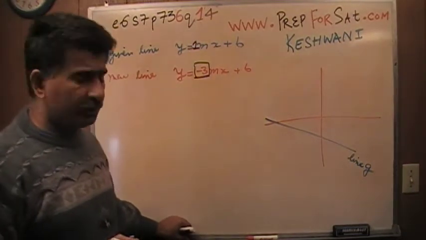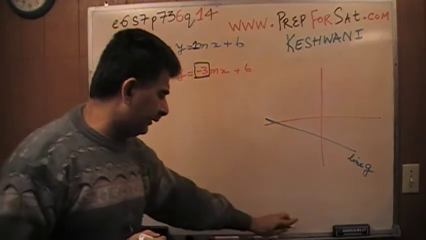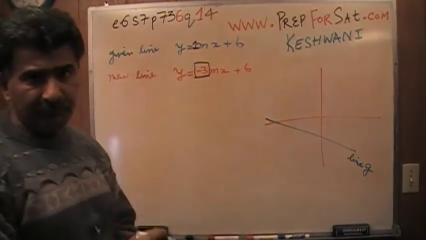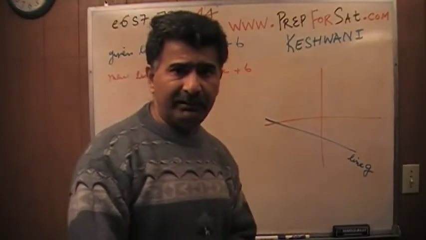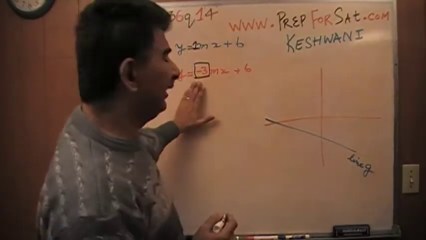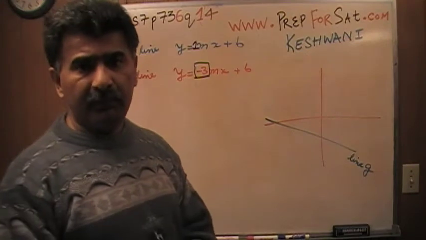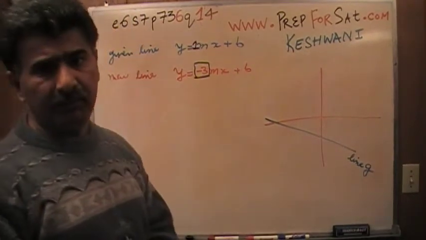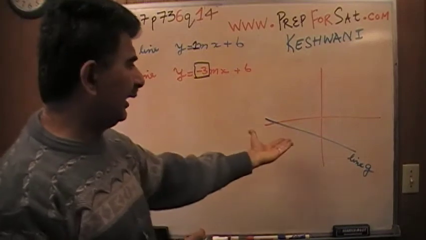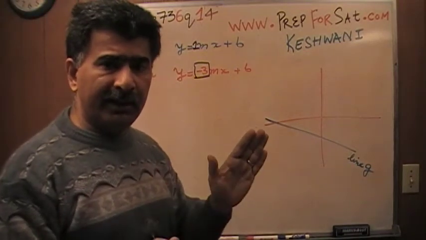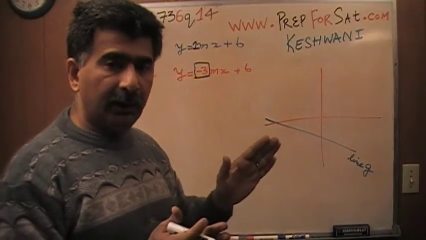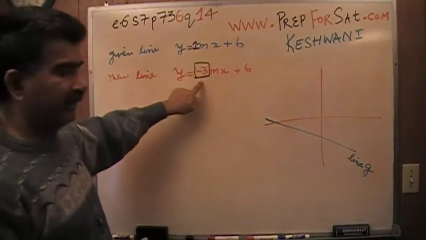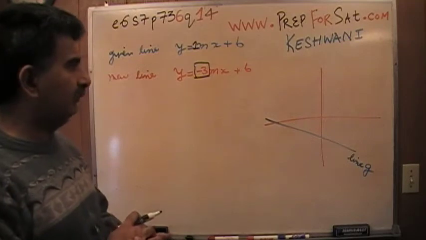Well, the very first thing you should notice is that this original line, which I'm calling the given line, is negatively sloped. When you take a negative quantity and multiply it by negative 3, the final line that we're looking for, the new line, has to be positively sloped.